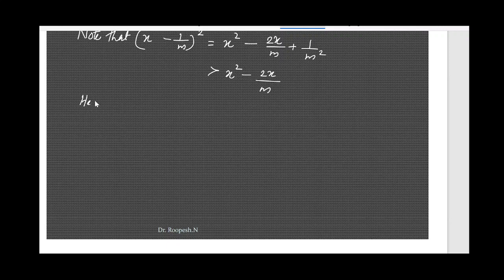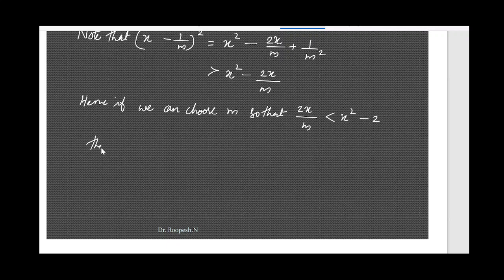Hence, if we can choose m so that 2x/m is less than x square minus 2, then we get (x minus 1/m) all square greater than x square minus (x square minus 2), so this will result in 2.